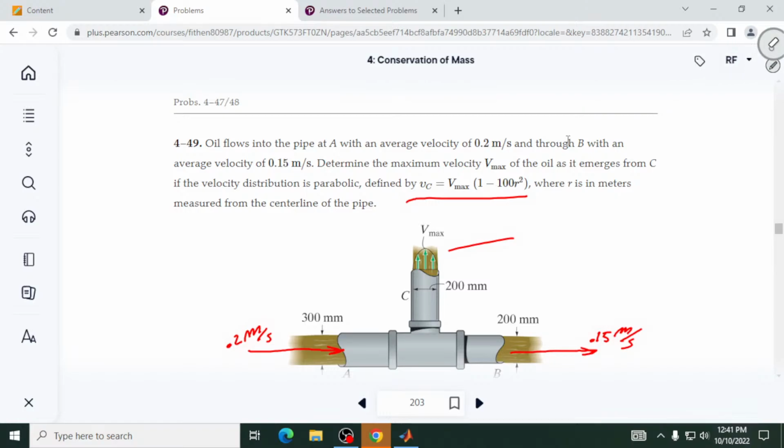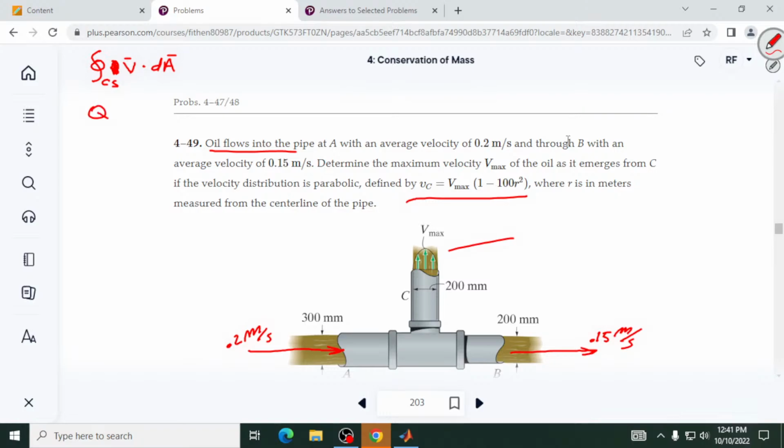That's interesting. Okay, so the equation itself says integrate around the entire control surface of V dot. Now, he says oil. We don't necessarily need the density.